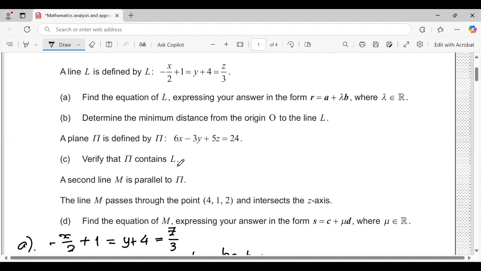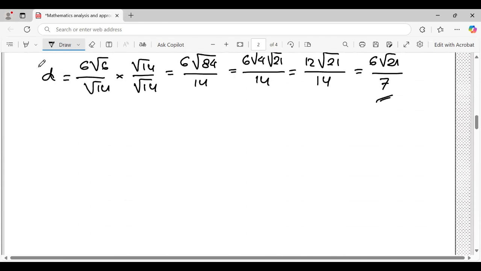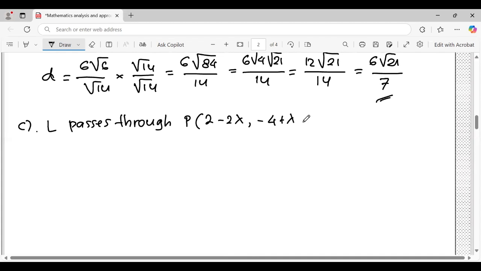Verify that pi contains L. Line L passes through a coordinate point P, (2 minus 2 lambda, minus 4 plus lambda, 3 lambda). Just now we found this coordinate point.